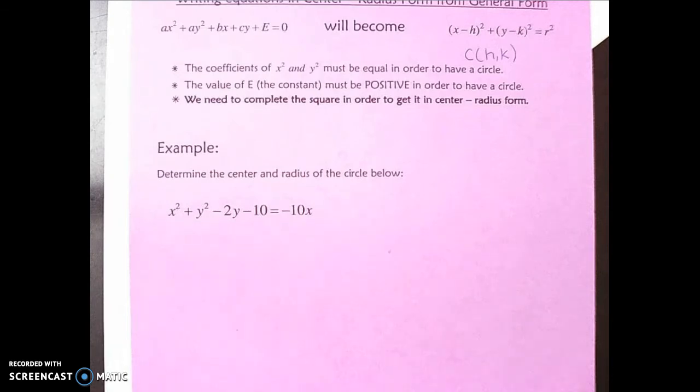Remember that when we are moving terms from one side of the equation to the other, we essentially just change their sign. So my negative 10x is going to become a positive 10x, and my negative 10, moving to the other side, is going to be a positive 10. At the same time, I also want to group all of my x terms together and all of my y terms together.